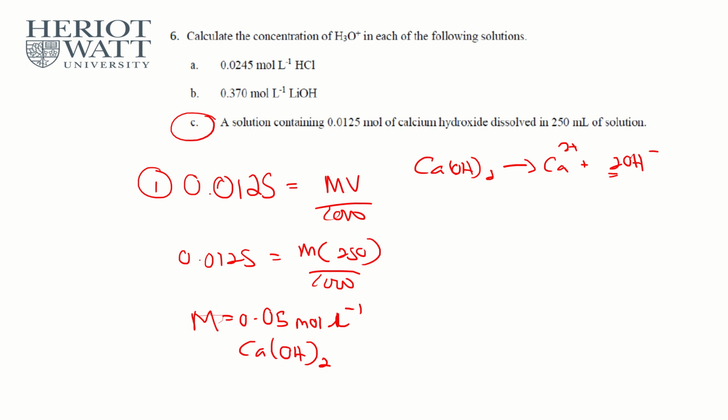That's the reason why we need to write the equations. So if this one is 0.05, what will be the concentration here? 0.05 times 2. Make sense? So I have 0.1 mole per liter here. So I got the concentration of hydroxide. Next, what to do?